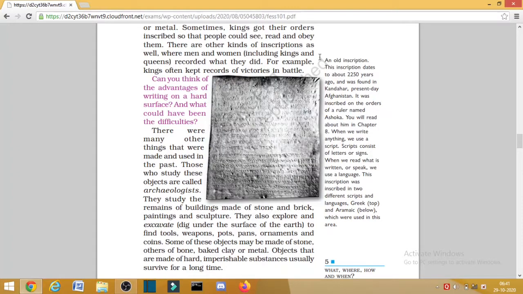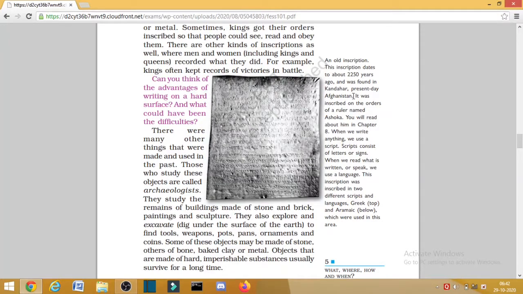Now let us see page number 5, right side margin. See, children, near the picture, an old inscription. This inscription dates to about 2250 years ago and was found in Kandahar, present day Afghanistan.